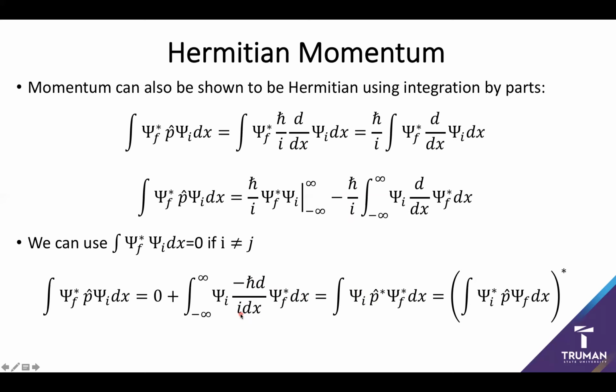But since it has an imaginary number, the negative of the momentum operator is also known as the complex conjugate of the momentum operator, which means that if I then apply the complex conjugate to this whole function, well, then I'm going to turn this first function into a complex conjugate, and I'm going to remove the complex conjugate on my momentum operator and on my wave function f.